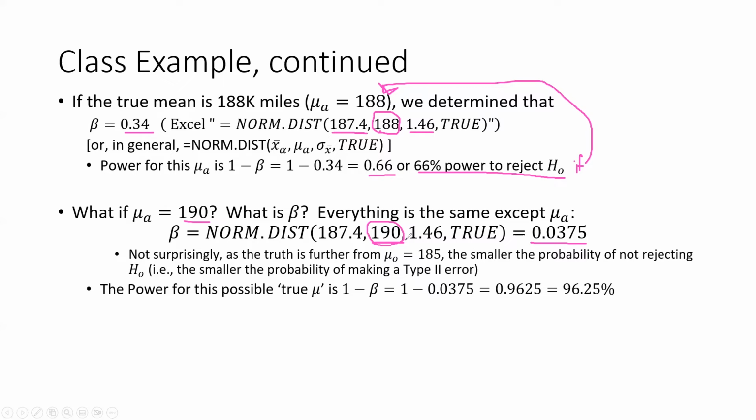So at 190, we have smaller probability of not rejecting H naught. In other words, there's smaller probability of making a type 2 error. So the power for this possible true population mean mu is 1 minus beta, or 1 minus 0.0375, or 0.9625, or 96.25% probability of rejecting 185 if the truth is at 190.